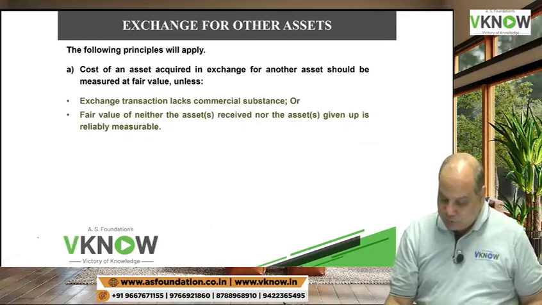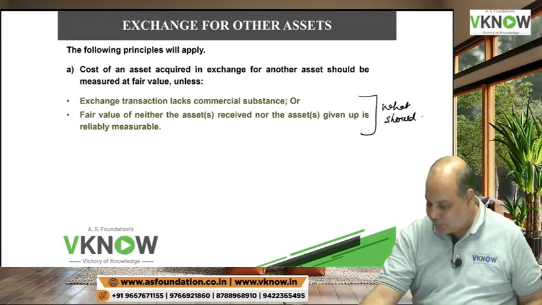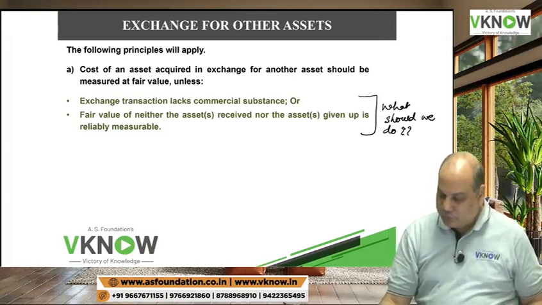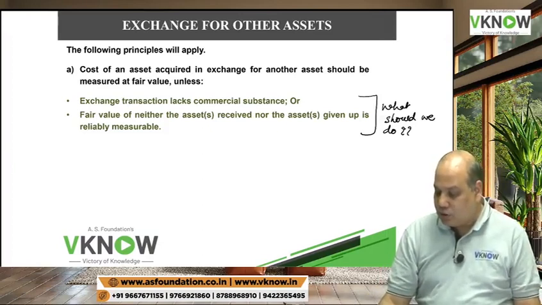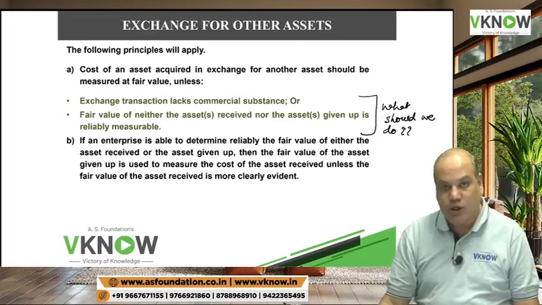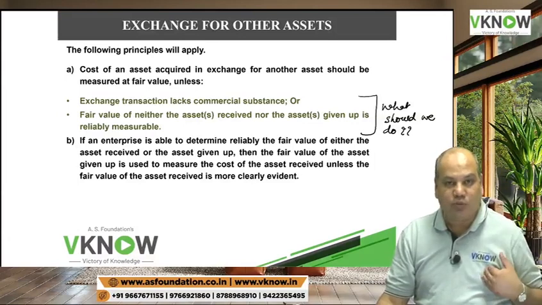Okay. So then your question will be, what should we do? I will answer this query. If you lack commercial substance, or if you can't calculate the fair value, then how do I do the accounting? I am the accountant.